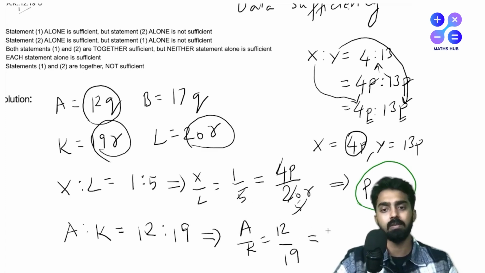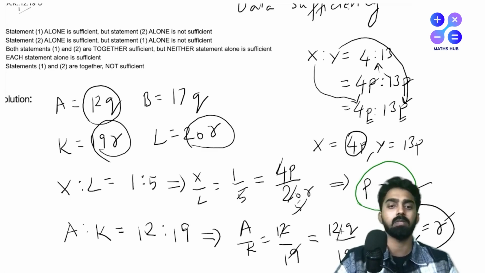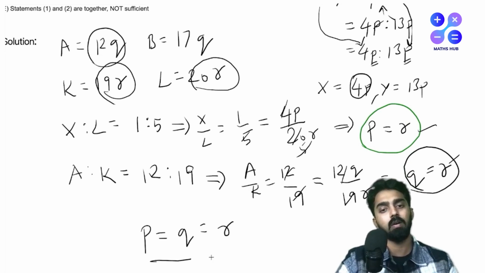You probably know where this is going. 12q/19r. So this gets cancelled out and we also get q equals r. So p equals r, q equals r. What does that mean? It means p equals q equals r.